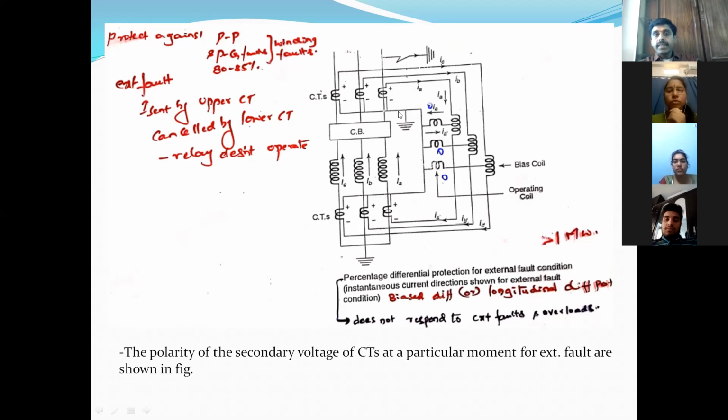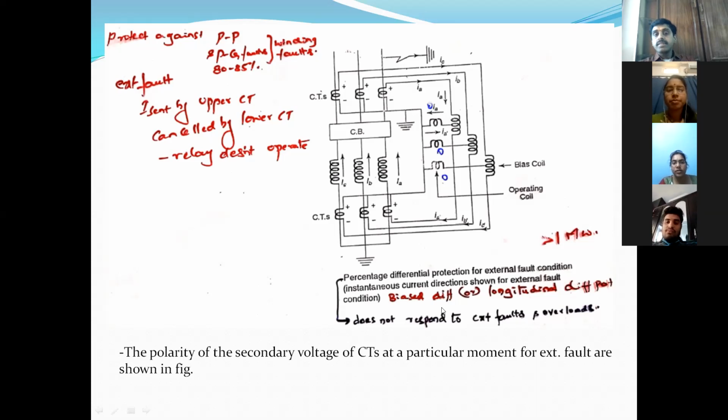That means the upper CT current is IA and the lower CT current is IA dash. So IA minus IA dash is 0. That means these two currents are the same. Therefore, the relay will not operate. So this polarity is very important when you are discussing the external fault condition.